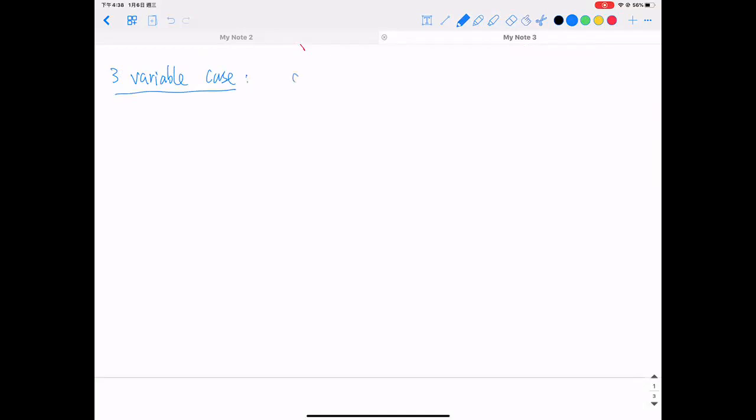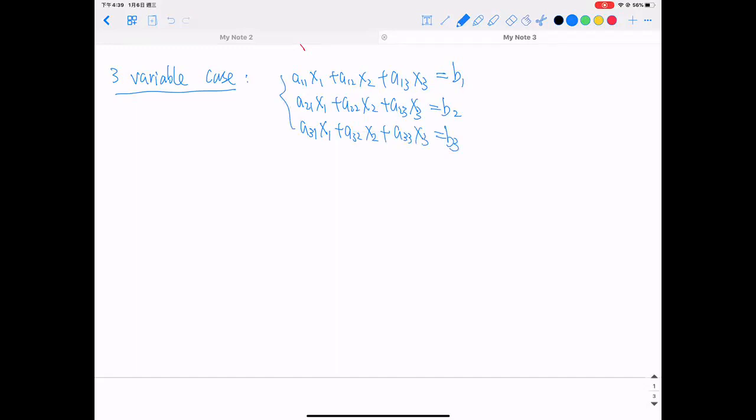Okay, so we would have, let's say, three equations: a11 x1 plus a12 x2 plus a13 x3 equals b1, a21 x1 plus a22 x2 plus a23 x3 equals b2, a31 x1 plus a32 x2 plus a33 x3 equals b3.